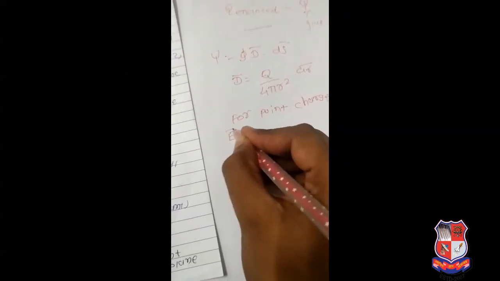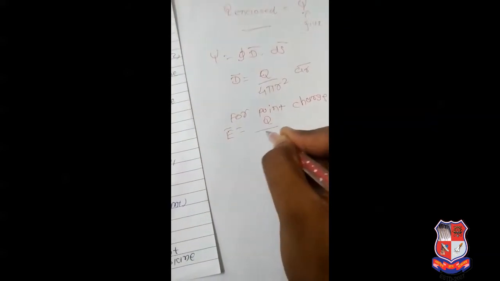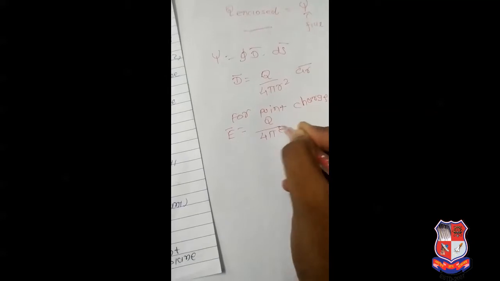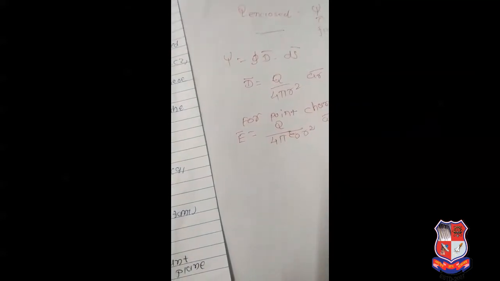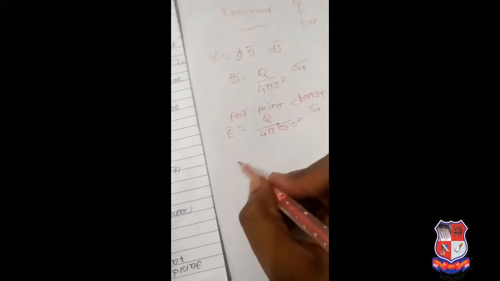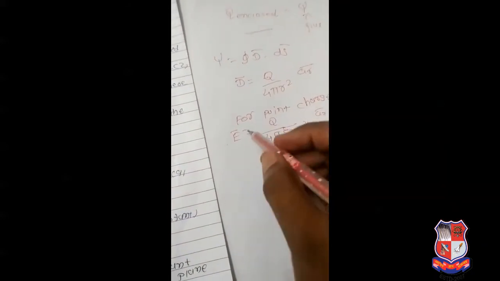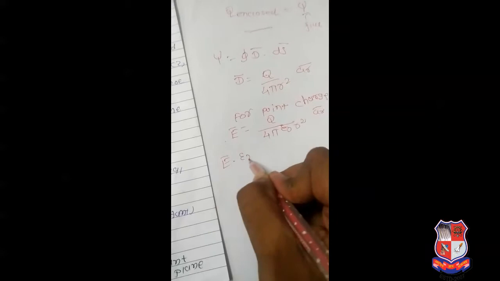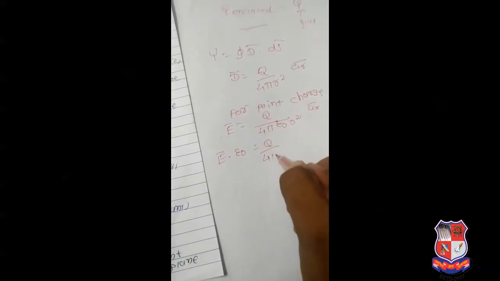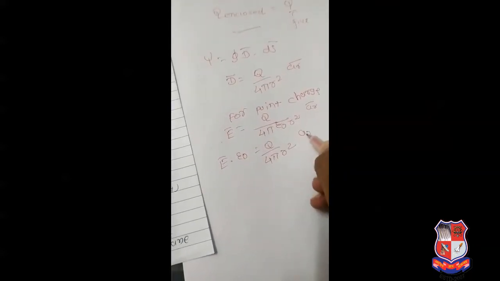electric field intensity E bar is equal to Q upon 4 pi epsilon r square, in whatever direction, suppose ar direction. Okay, now from this equation, E bar into epsilon 0 is equal to Q upon 4 pi r square into ar.